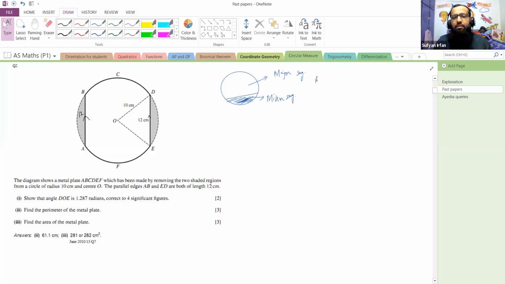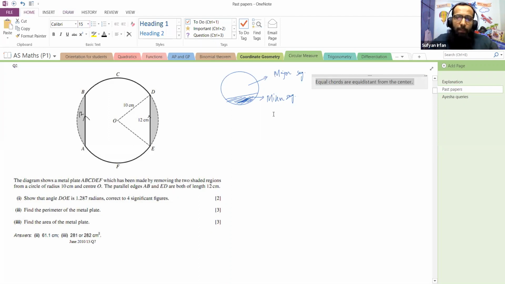Let me write that statement, because angle properties of circles are very important and are used in the entire circular method. The property is: equal chords are equidistant from the center. If two chords are of equal length, then they are going to be equidistant from the center, right?